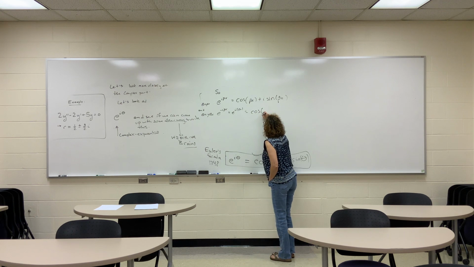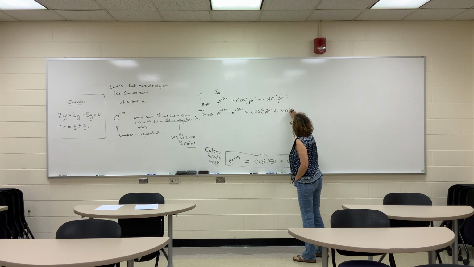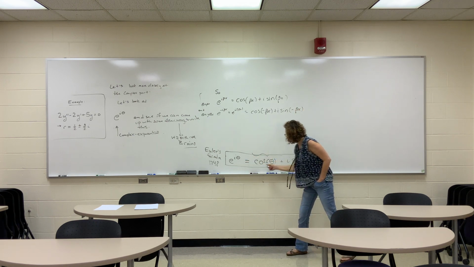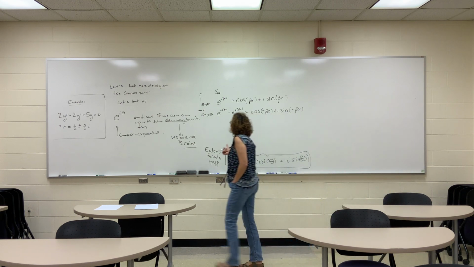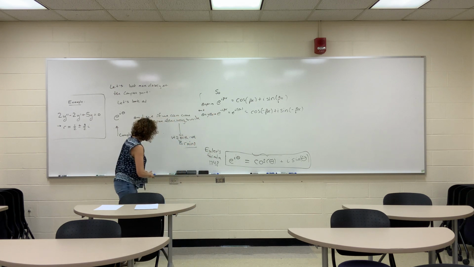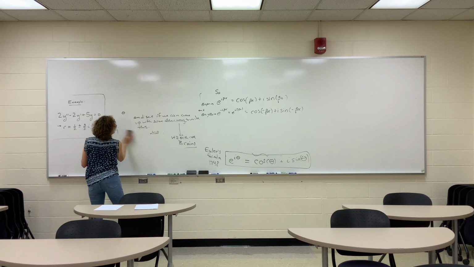That's cosine of minus beta x plus i sine of minus beta x, right? Because you're putting a minus beta where you see a theta, yeah? And those were the two pieces that were causing us trouble. So let's write that down again so you remember where that came from.